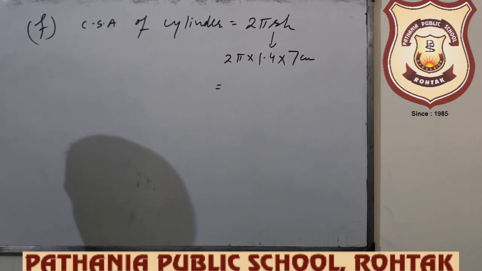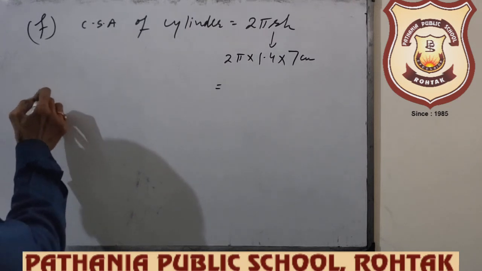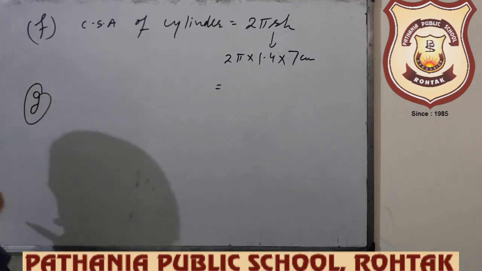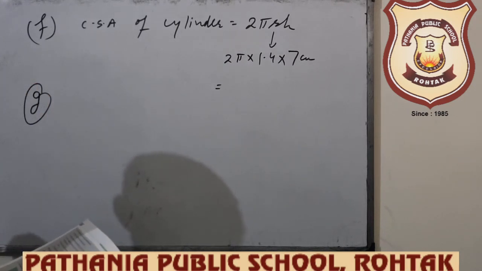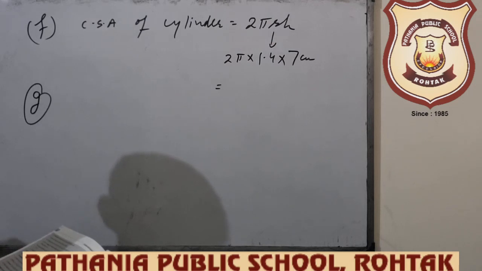Now next part G. G part is what? 192 meter wallpaper is needed to decorate a room of dimension this. It is length is 8, breadth is 6 and height is 4.